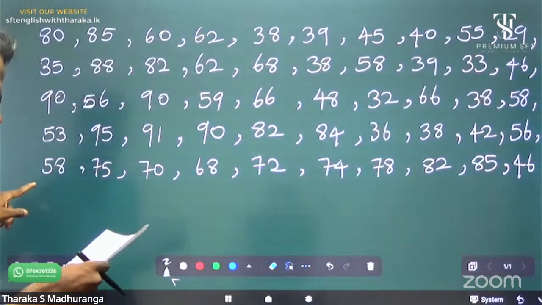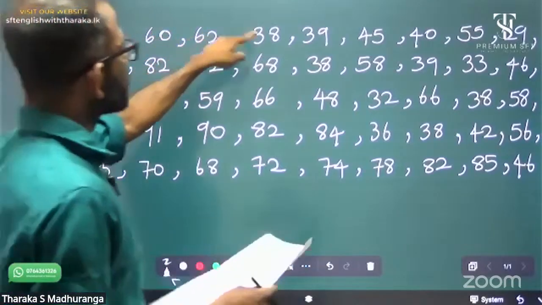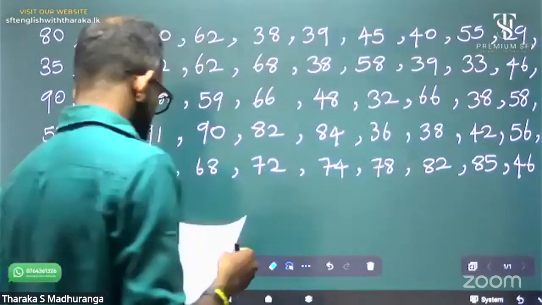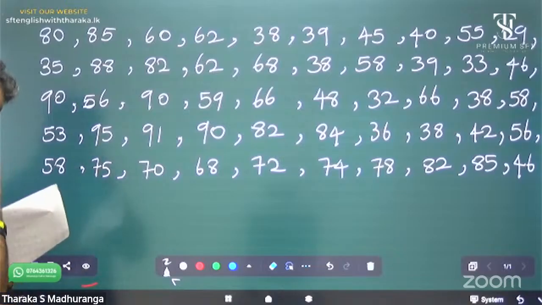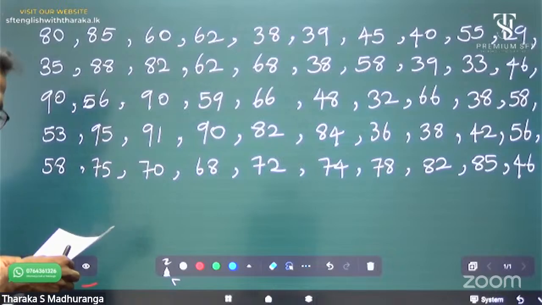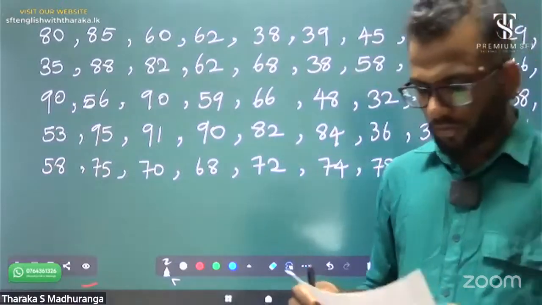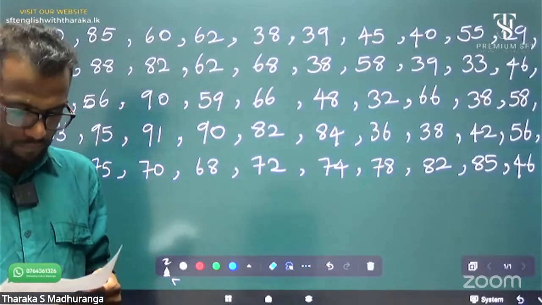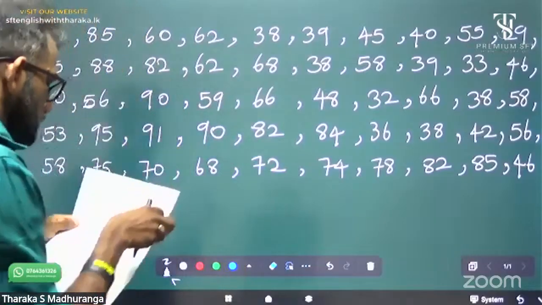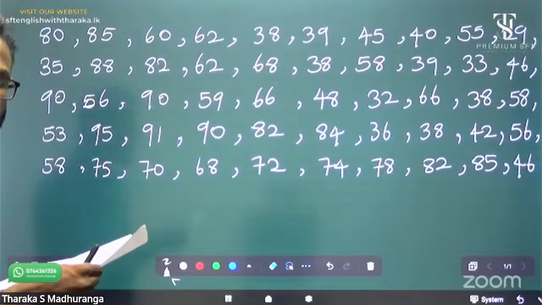How many data are in the question? Is it 50 or more than 50? It should be 50, no?